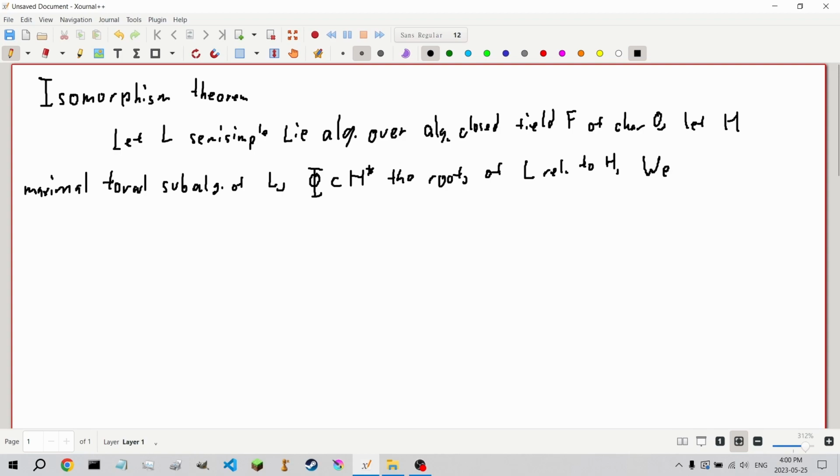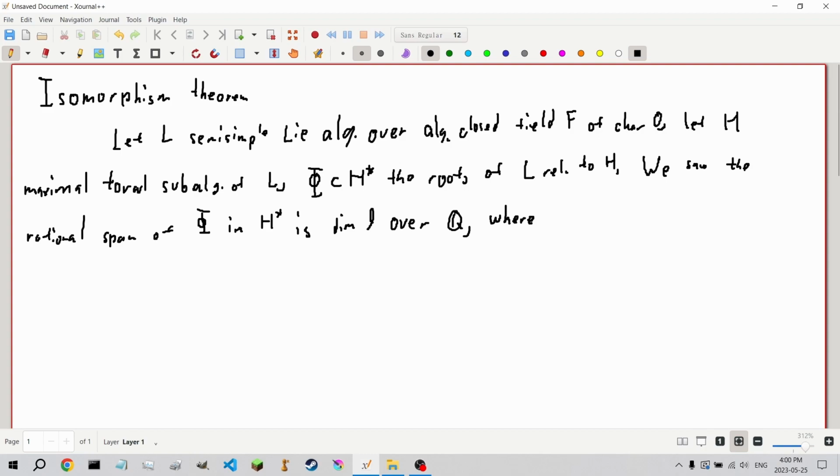We saw before that the rational span of our roots in the dual space of H is of dimension l over the rationals, where l is the F dimension of H star.